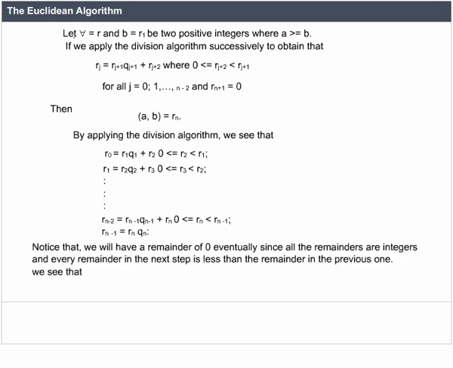Notice that we will have a remainder of 0 eventually, since all the remainders are integers and every remainder in the next step is less than the remainder in the previous one. We see that (a, b) = (b, r2) = (r2, r3) = etc. = (rn−1, rn) = (rn, 0) = rn.